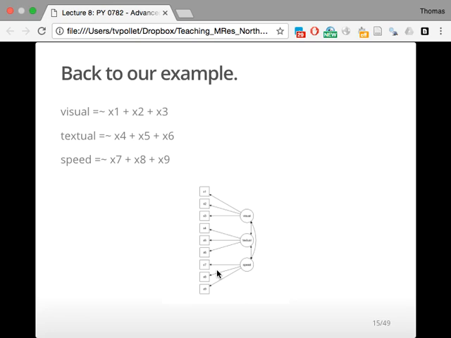We could have another factor here, for example, which we think explains everything further, something like intelligence or performance or ability, which explains visual, textual, and speed. So we could have another hidden bubble here as a super factor. Or we could combine all three into one, and we'll come to that as an example where we have a one-factor model, so all nine items loading on one thing. Any questions so far?